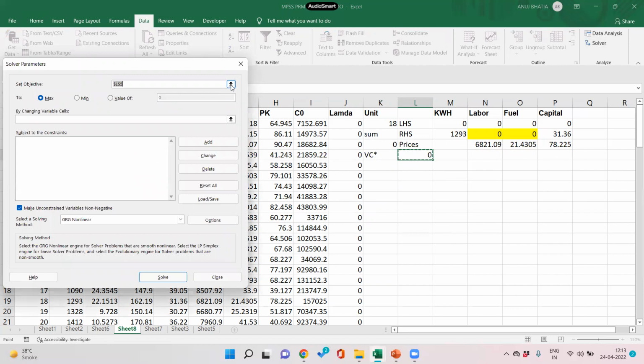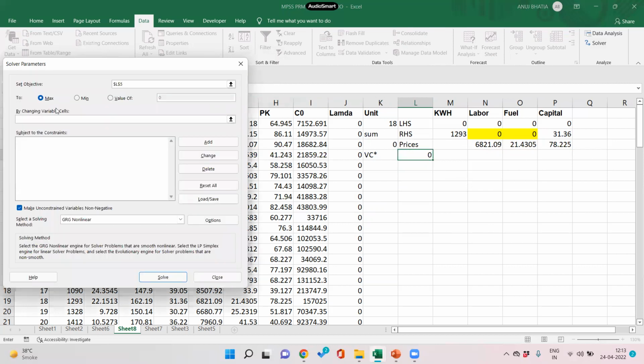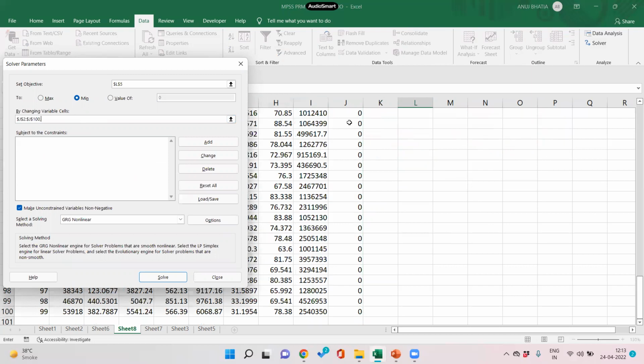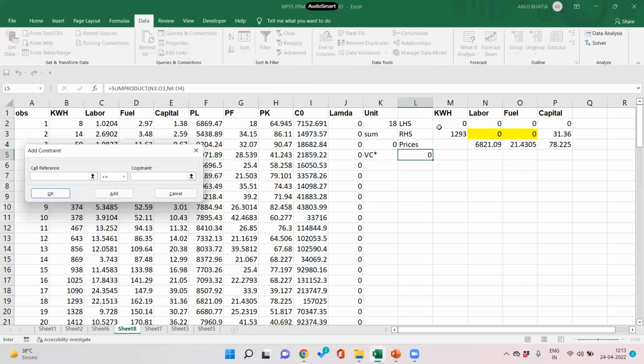Okay, so let us go to the objective function. Our objective function is variable cost. Minimize variable cost by changing the cells. Select lambda, you can change the lambda, and you can only change labor and fuel, only these two. Add constraints. The first constraint is output.